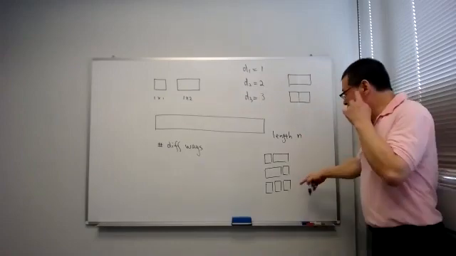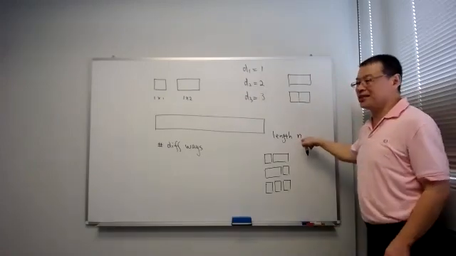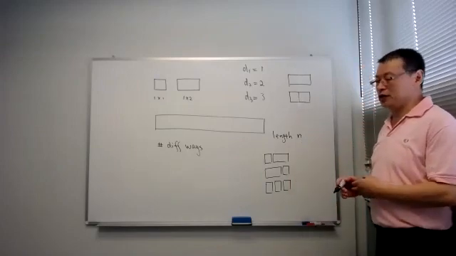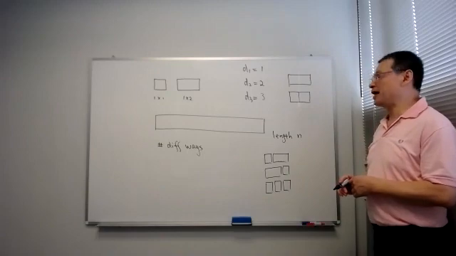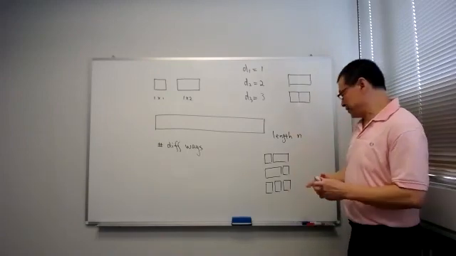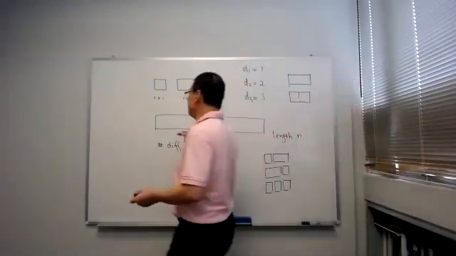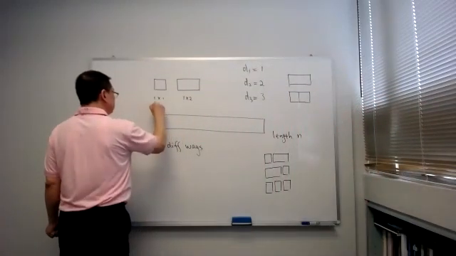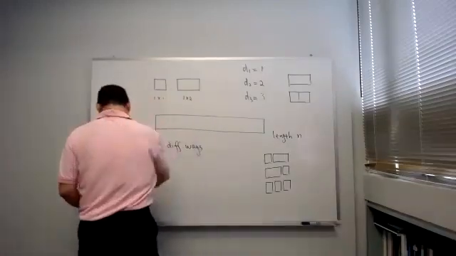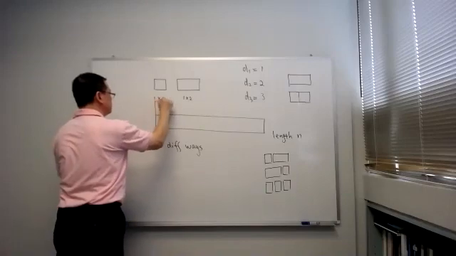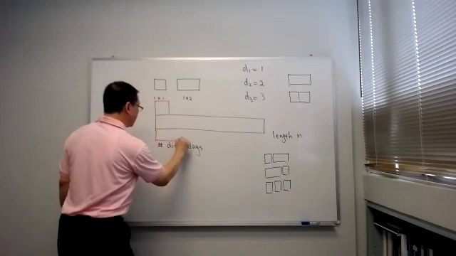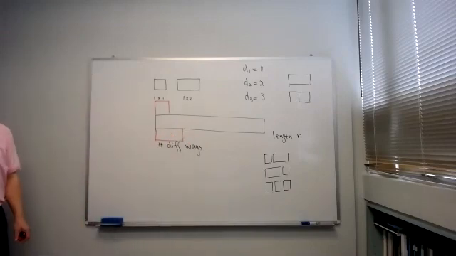We can do it exhaustively, but in general we cannot do it this way, as there are just too many. One way to do it is to use a recurrence relation. Now, how many different ways to tile this? There are two ways to start: either we start with this tile or with the length two tile. So that gives us two different cases.